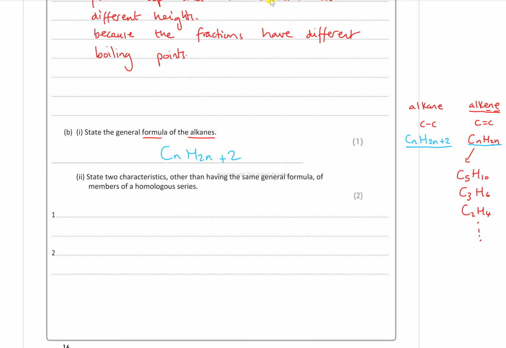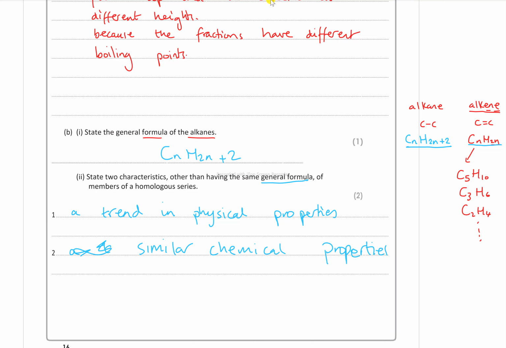So 2 characteristics, apart from having the same general formula, they have a trend in physical properties and similar chemical properties. There you go. How easy was that?